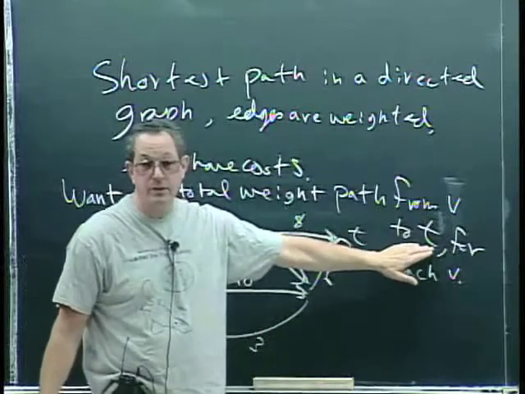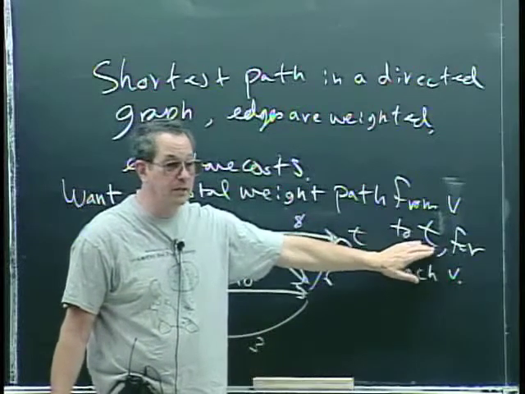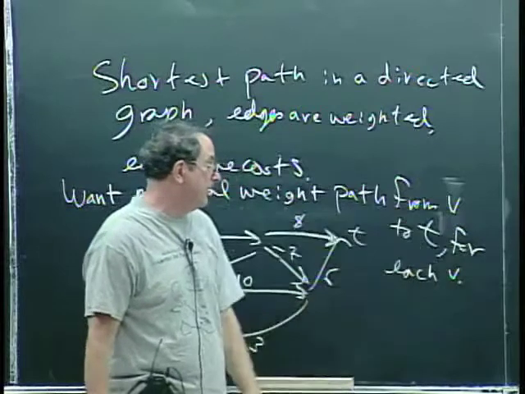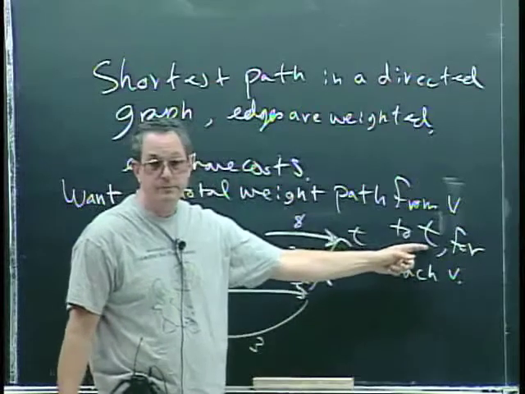So T is specially designated, but the problem now is for every node in the graph, what's the shortest path from it to T? Okay?